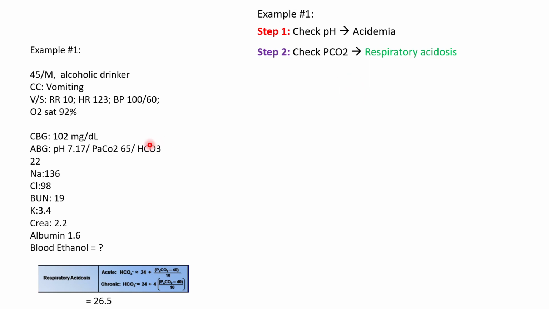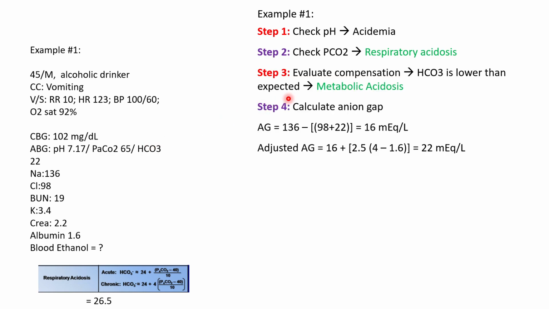It is less than 7.35. Next step is PCO2. So your PCO2 is high, okay? So this would explain the low pH and it might be a respiratory acidosis.